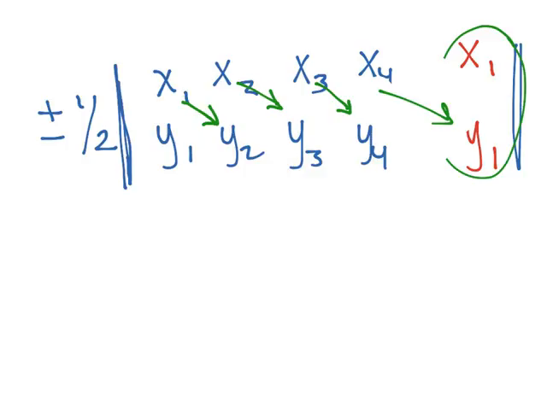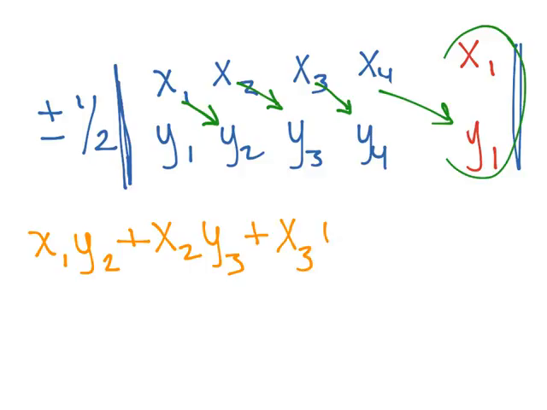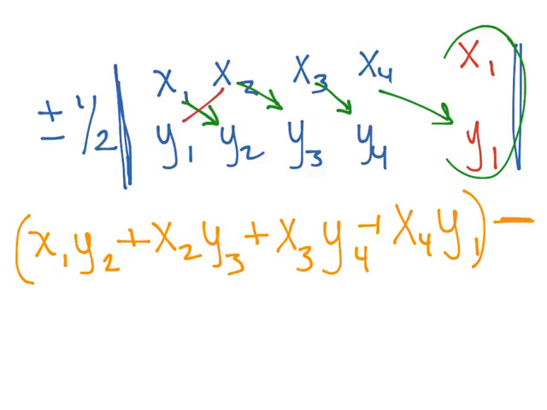What you will do is, like I said before, get the product of the elements of the diagonal. So x1 times y2, and then you will add to that x2 times y3 plus x3 times y4 plus x4 times y1. And then to this, you will subtract the opposite diagonals, going the other way.